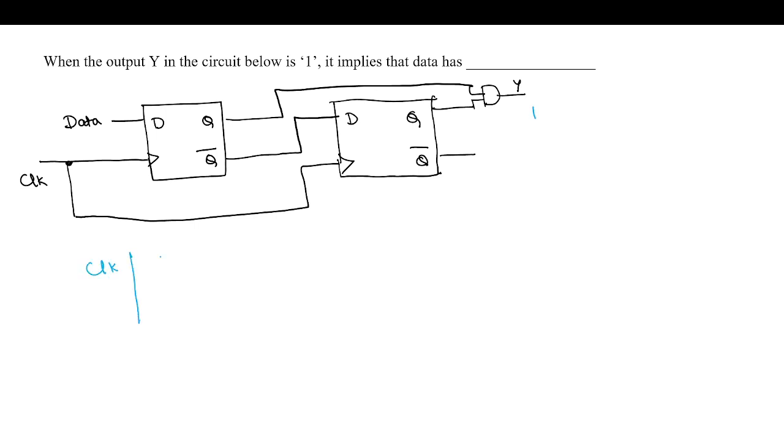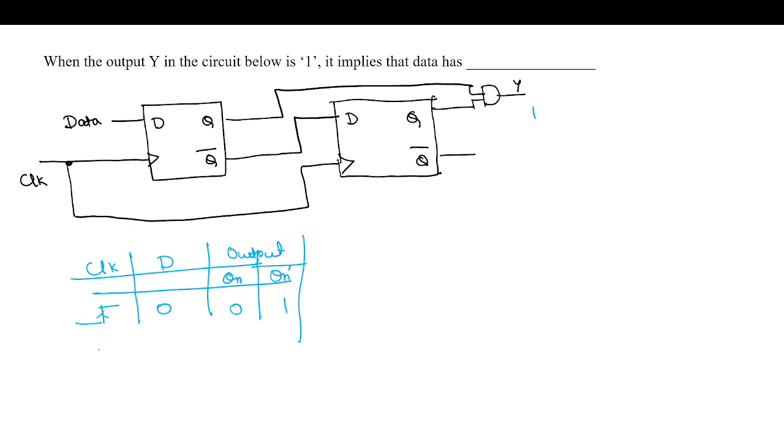With respect to clock and D, the output, which is considered Q and Q complement, when we apply positive edge clock with D equal to 0, the output will be 0, 1. When we apply clock edge with D equal to 1, it will be 1, 0. This is the functionality of a D flip flop.